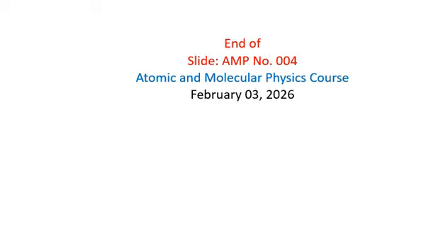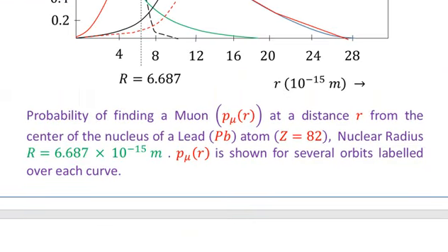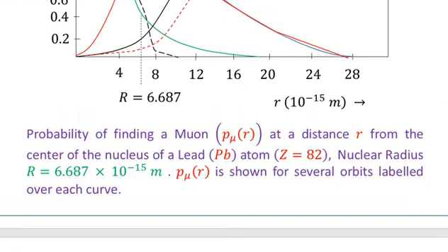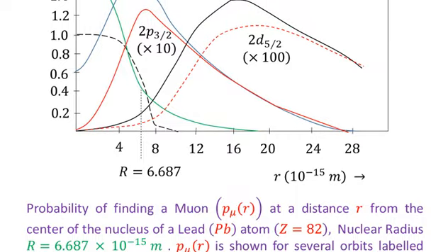Over here I have shown the radius of the nucleus as capital R equal to 6.687 in the diagram with a dotted line. The dotted line in black represents the nuclear charge distribution.